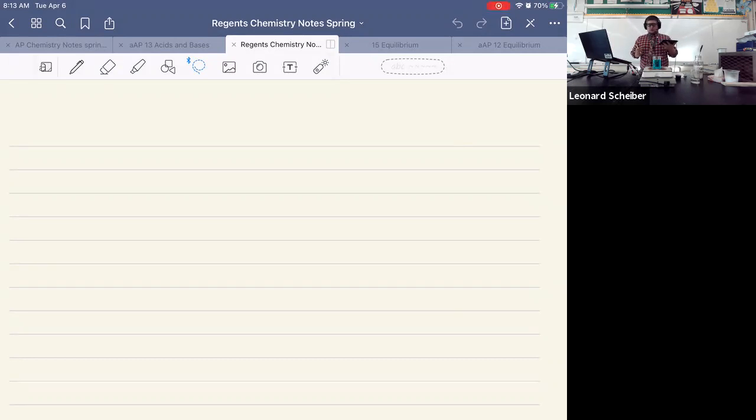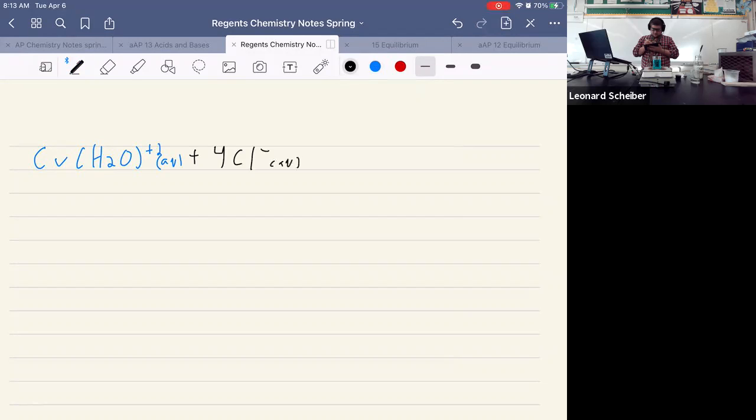So this reaction, the chemical equation for this reaction, we have Cu(H2O)6 2+ plus 4Cl- is in equilibrium with CuCl4 2- aq plus 6 H2O.